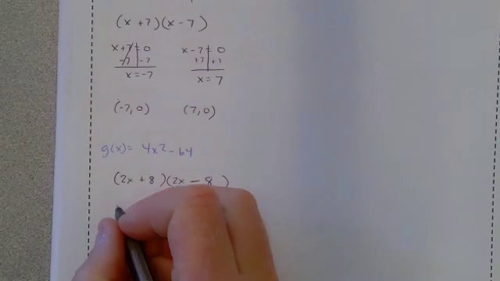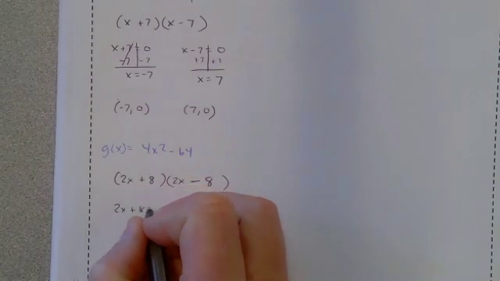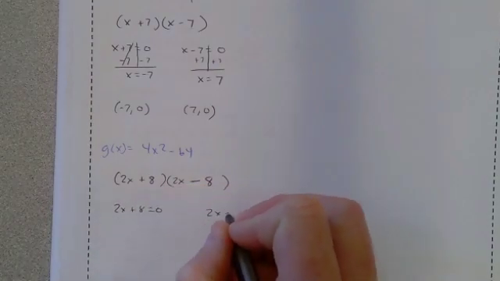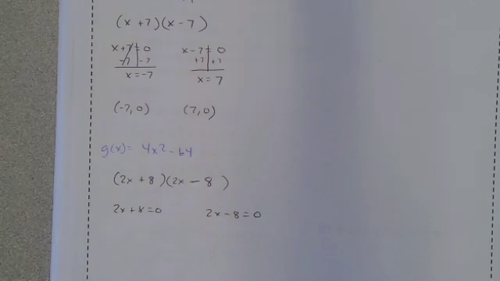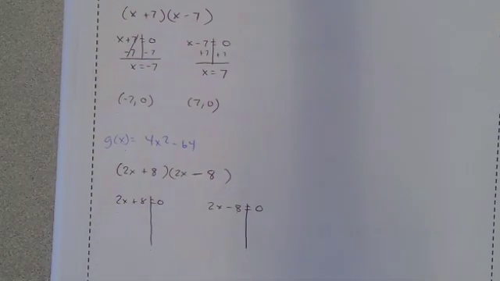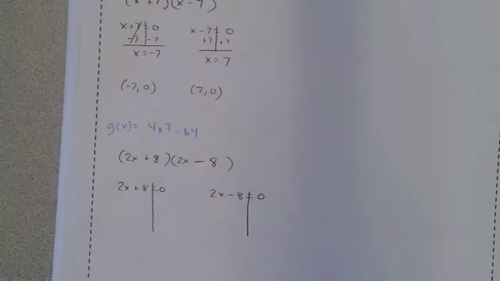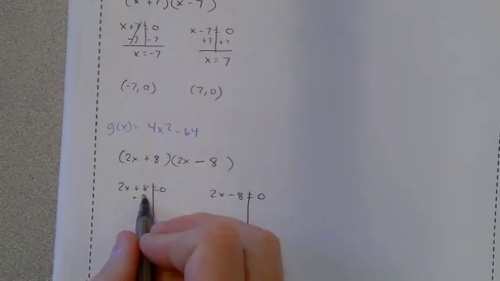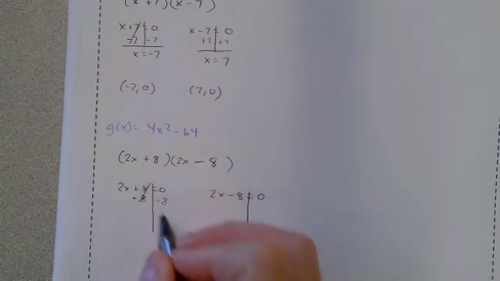So again, we're going to solve that by setting each of those parentheses to 0. We're going to draw our line and do a little symbolic method. So on my first one, I'm going to take away 8 from each side.